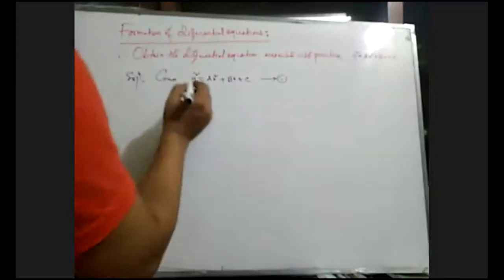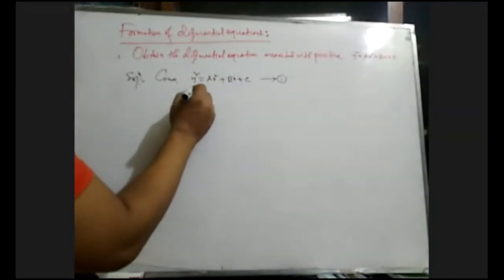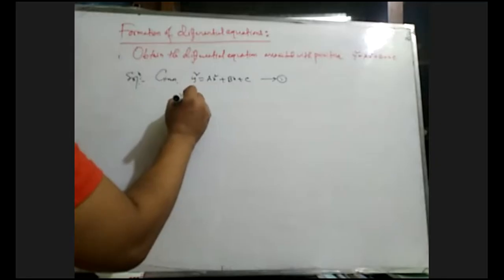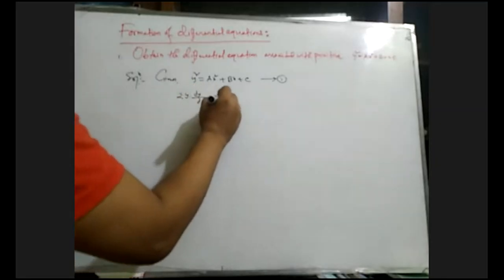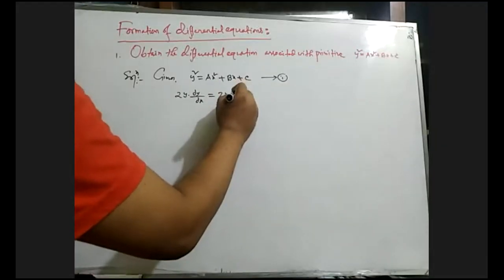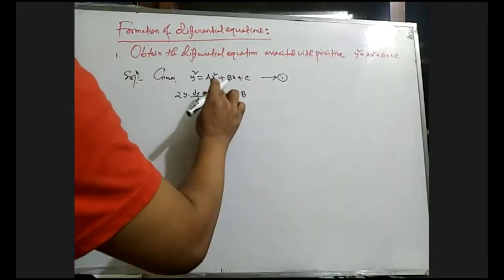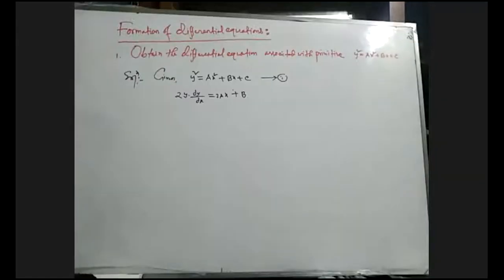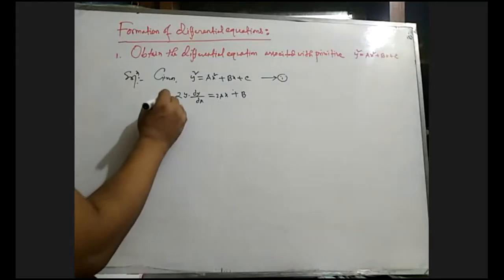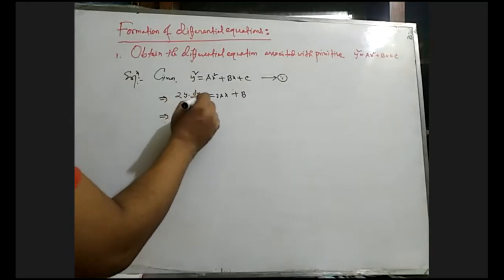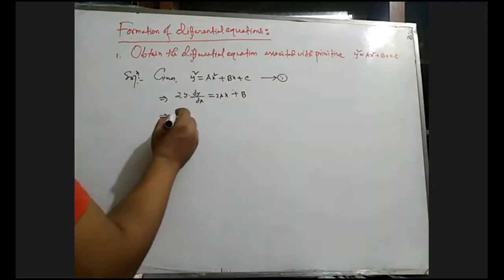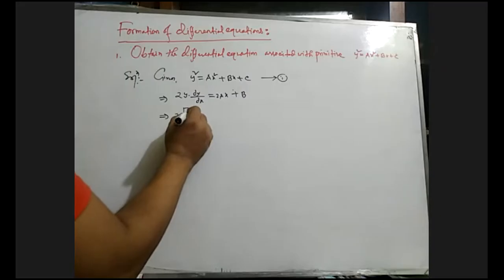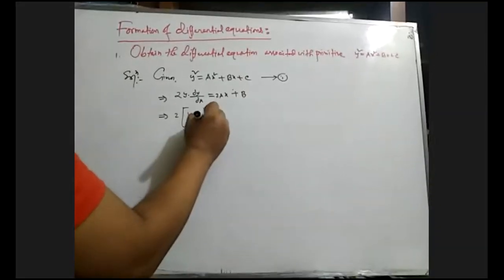Now differentiating on both sides with respect to x, we can write twice y dy/dx equals twice ax plus b. Again differentiating, this is the UV process, 2 into y into the second derivative.